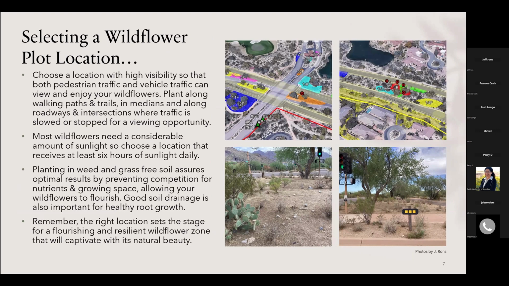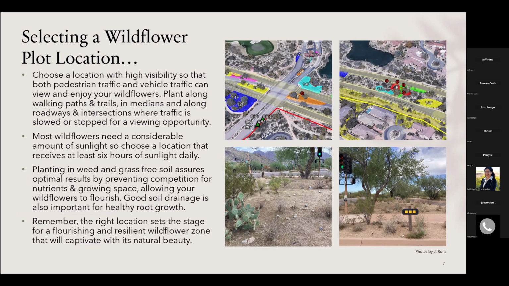So you want to make sure that you're planting in your property. So look for common areas that have high visibility, foot traffic, vehicle traffic. We have over 50 miles of paths and walking trails here in DC Ranch, so we utilize that as well. But look for paths, walkways, medians, and intersections.